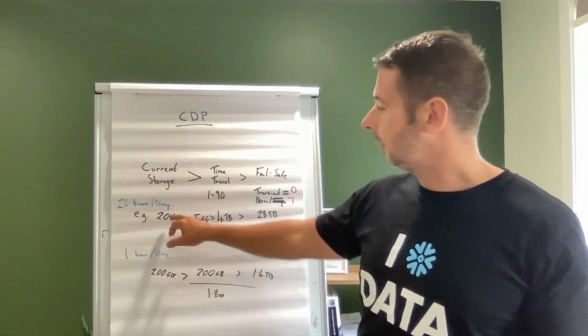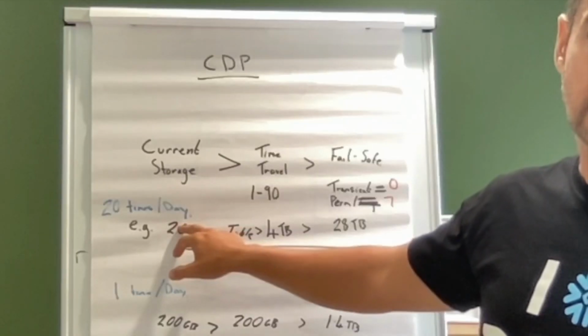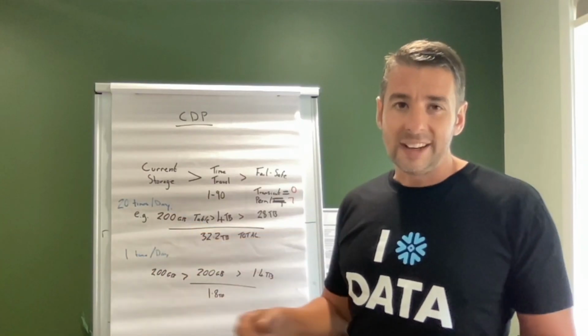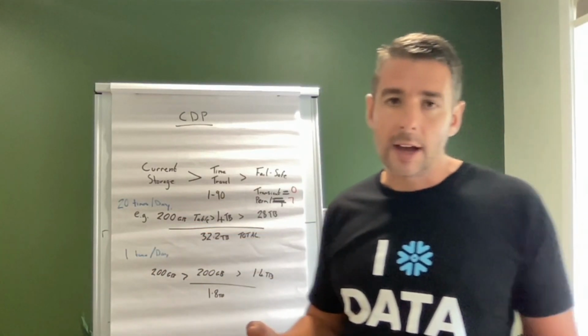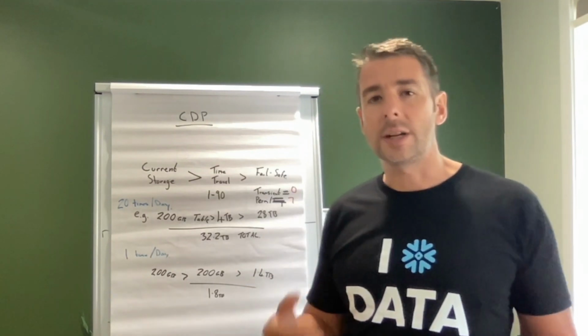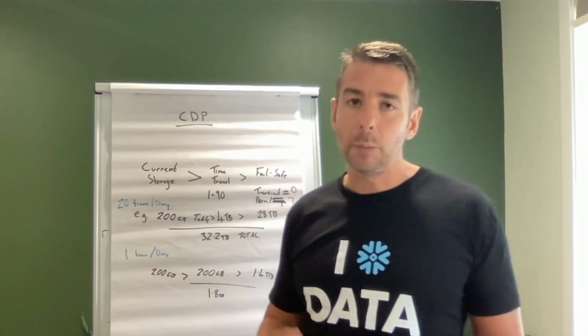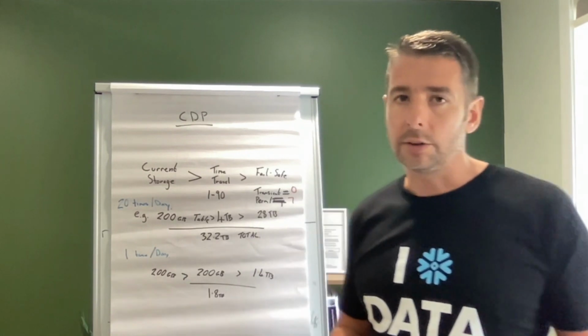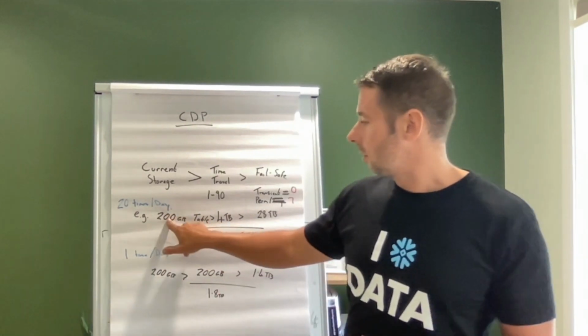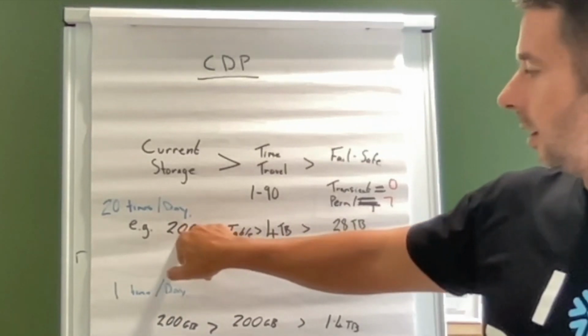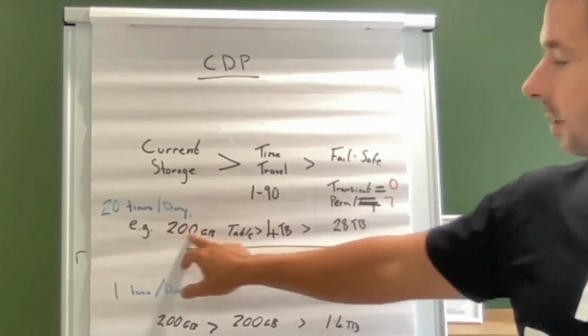So we'll look at a table here, 200 gigabytes in total. But let's say we get a lot of changes and every row is updated 20 times every single day. Obviously it's an extreme example, but it does demonstrate the impact on cost. So 200 gigabytes, each one of these records is changed 20 times a day.